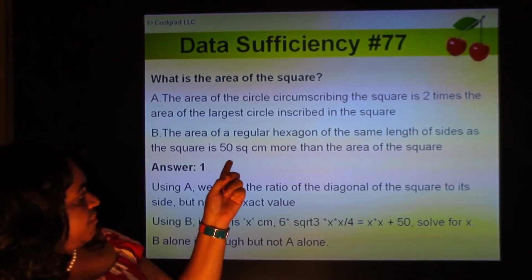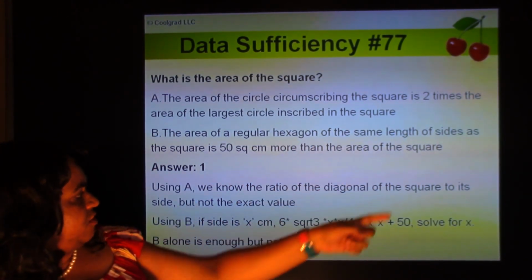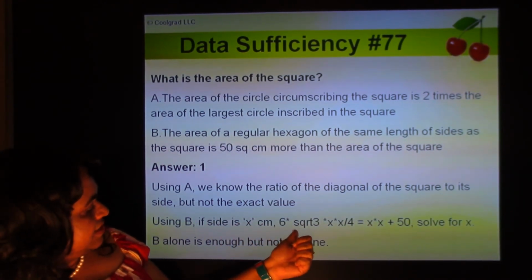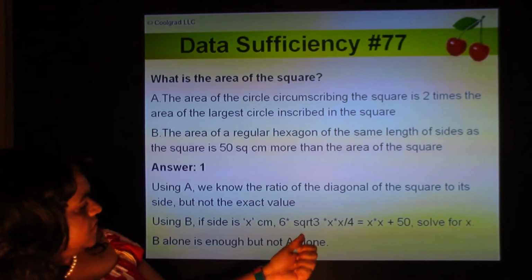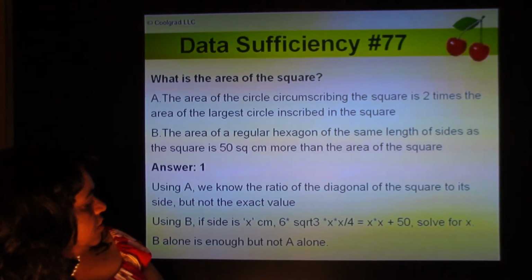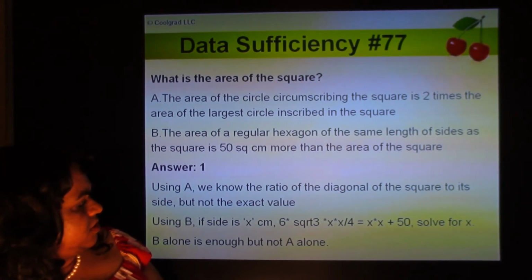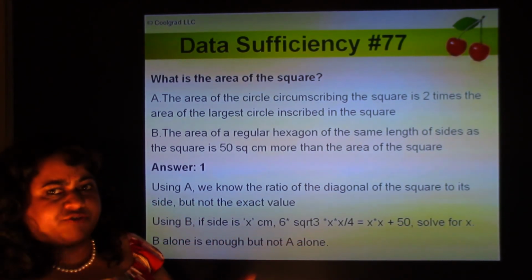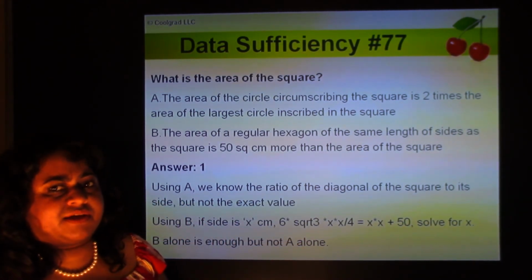Side is x centimeter, so the side of the hexagon is x centimeter. A regular hexagon is 6 equilateral triangles, right? And what is the area of the equilateral triangle? Root 3 x squared by 4, right?